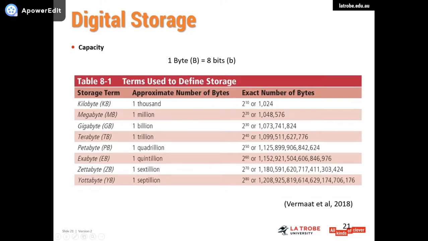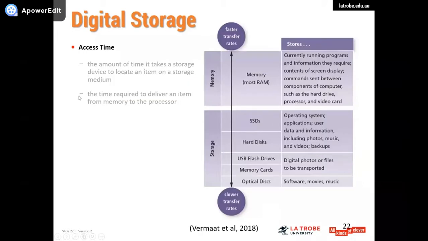Then it's the access time for digital storage devices. This figure shows you which device has the shortest access time and which storage device has the longest access time. So the ranking is very important. You should expect to be asked which is the fastest and which is slowest in the exam. So please bear in mind.